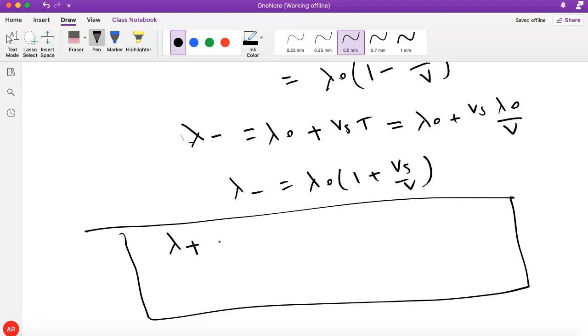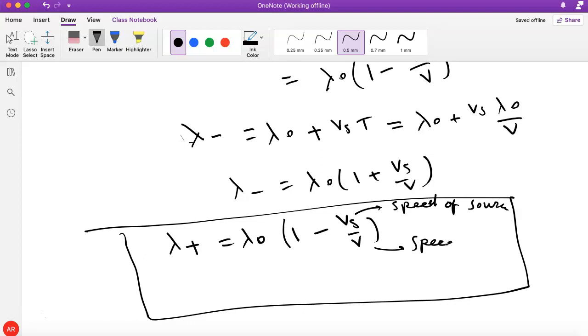Lambda plus is lambda naught, the wavelength the source would create if it were not moving, times 1 minus Vs over V. Vs is again the speed of source, and V is the speed of sound or speed of wave in the medium, and lambda minus is lambda naught times 1 plus Vs over V.